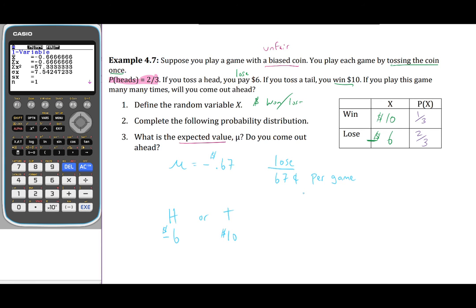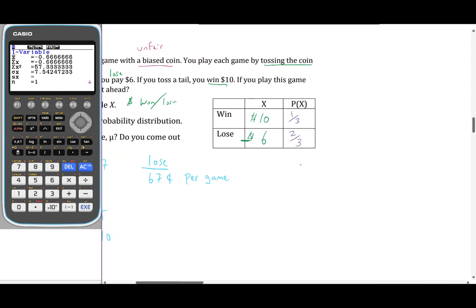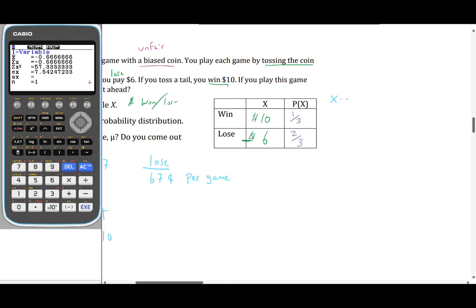However, if I played this game repeatedly and averaged up the winnings and losses over a long period of time, my average would eventually become 67 cents negative. Now, with this type of a probability distribution, where we only have two outcomes, it's probably easier to just make this probability distribution have a third column, x times p of x, where we just multiply these two values together. 10 times 1/3 is 10/3, and negative 6 times 2/3 is negative 12/3.